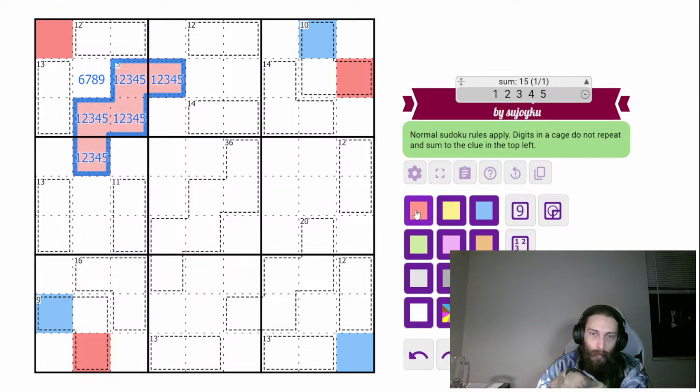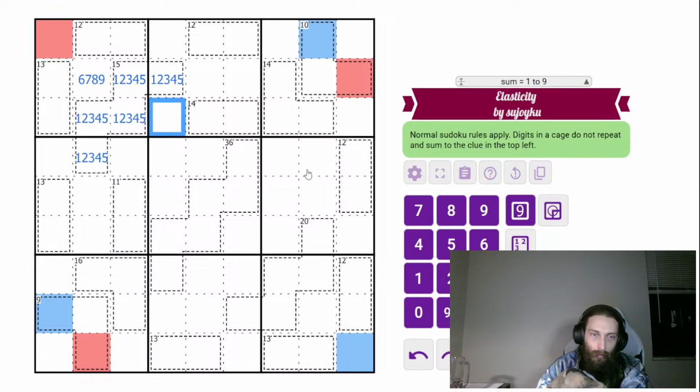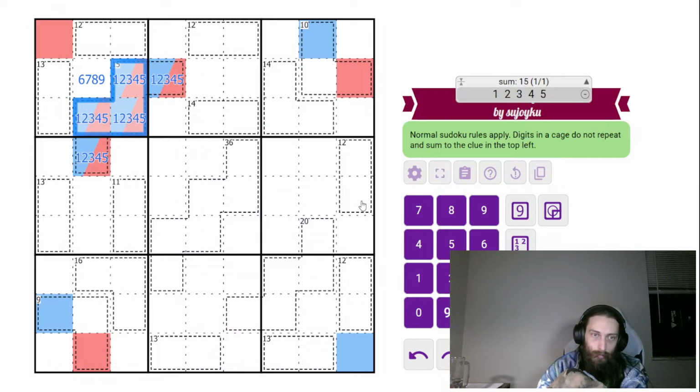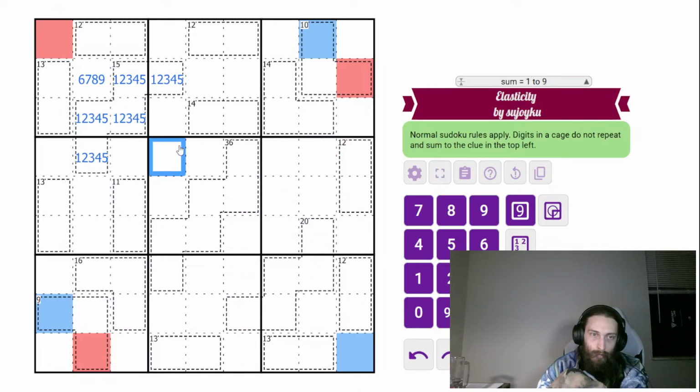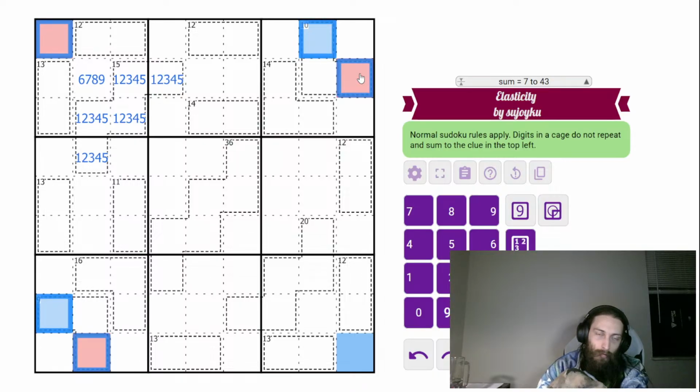Because I need both red and blue in there, but I can't put red on the inside, nor red on the outside. So this configuration doesn't work. So this couldn't be 1 or 2 if it's both of these.